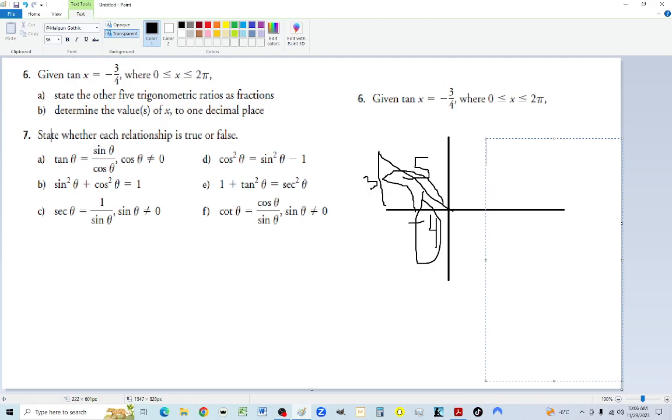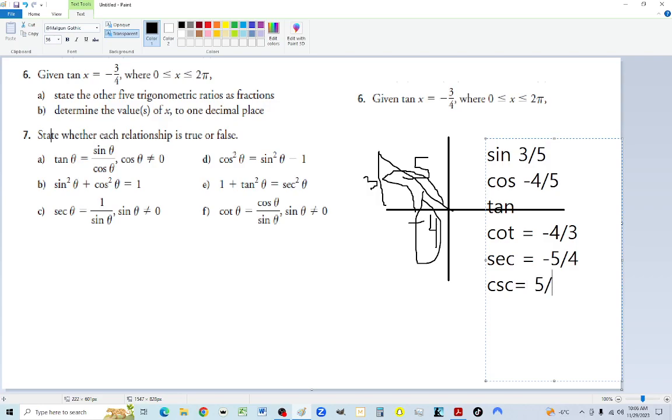Sine is 3 over 5. Cos is -4 over 5. Tan we've already been given, but cotan is just going to be the flip. Secant is going to be the flip of cosine, and cosecant is going to be the flip of sine. And there you go.